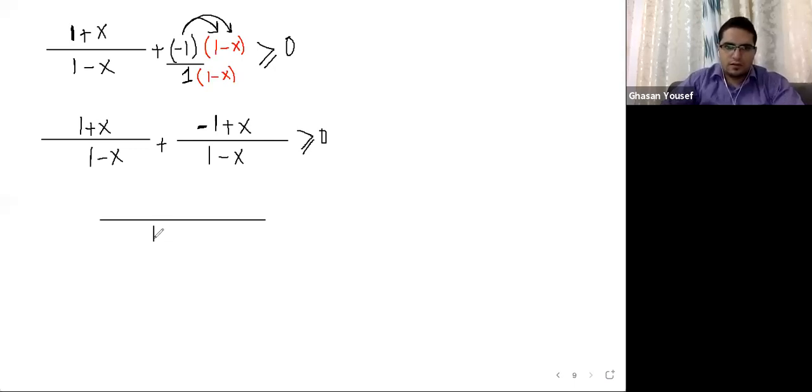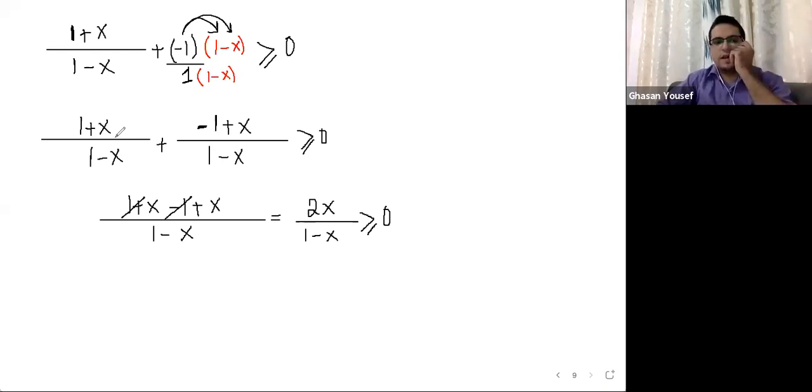Here I get 1 plus x minus 1 plus x. The 1 and the minus 1 cancel out, and x plus x gives 2x over 1 minus x, is greater than or equal to 0.